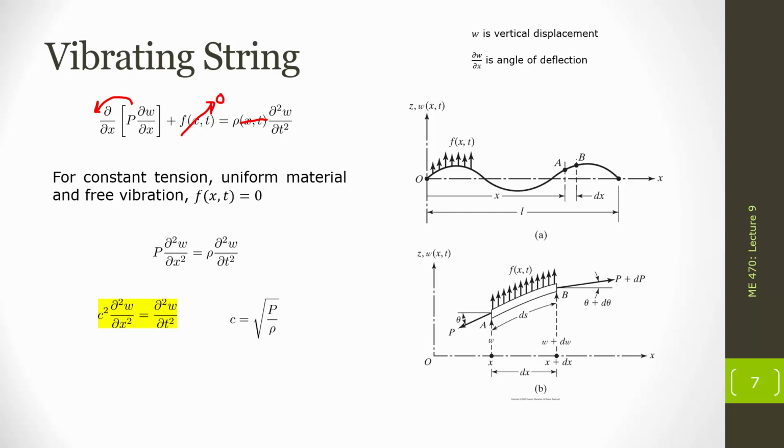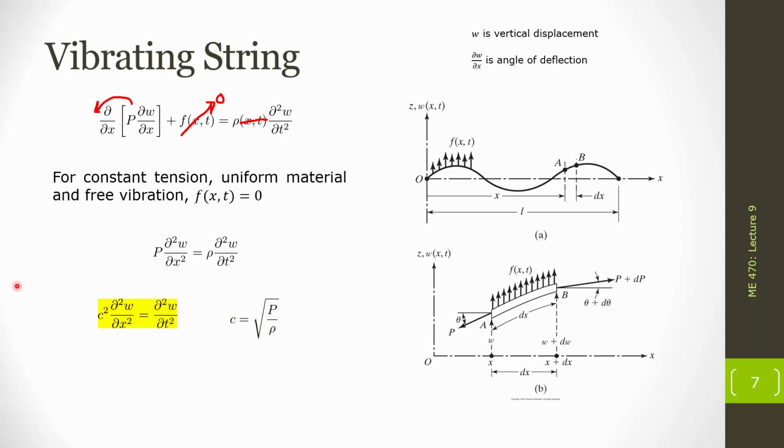So what I'm left with here is what I'm going to be calling c squared del squared w del x squared equals del squared w del t squared. And this c term I am going to be able to calculate as the square root of the tension over the linear density. Again, for these string problems, keep in mind that rho is linear density specifically.